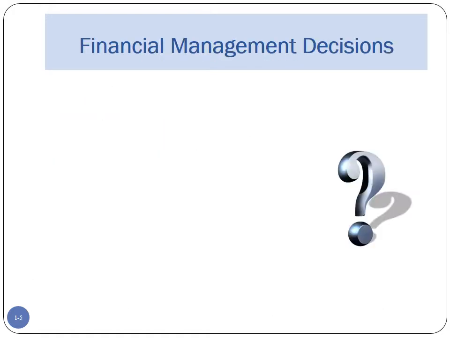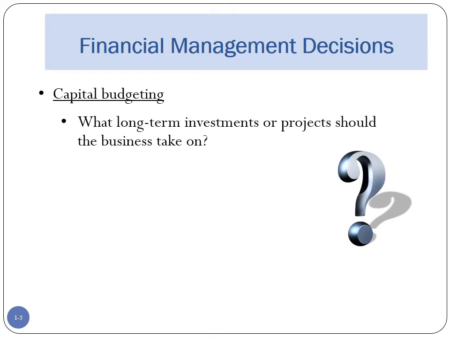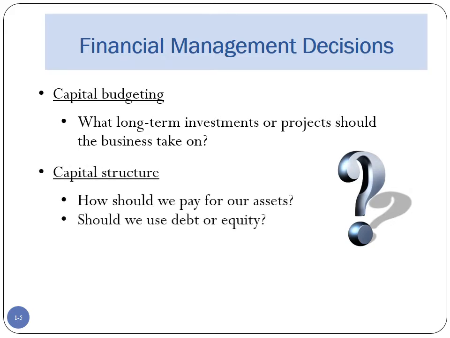There are several financial management decisions that financial professionals support and get involved in making. And you as an environmental manager will also get involved in these decisions. The first type is capital budgeting. What long-term investments or projects should the business take on? The second type of decision is around capital structure. How should we pay for our assets and how should we use debt or equity?